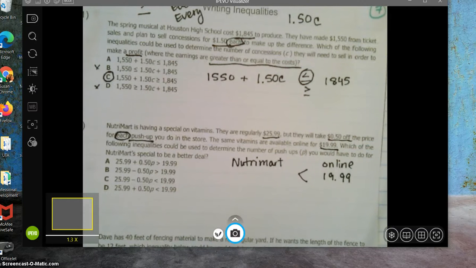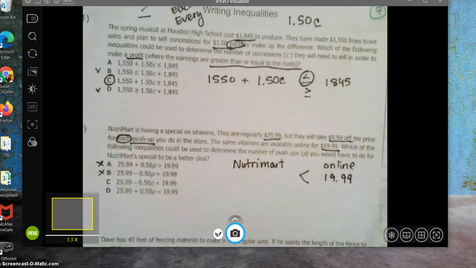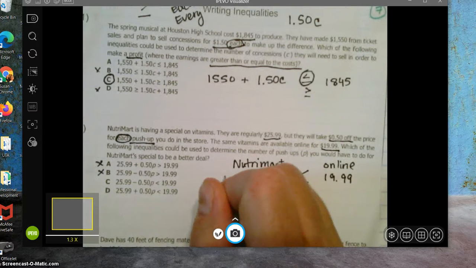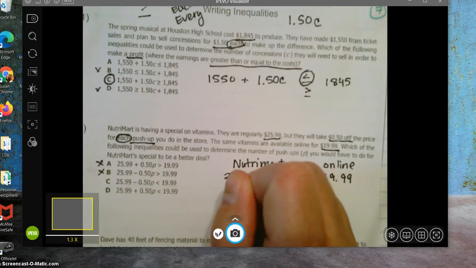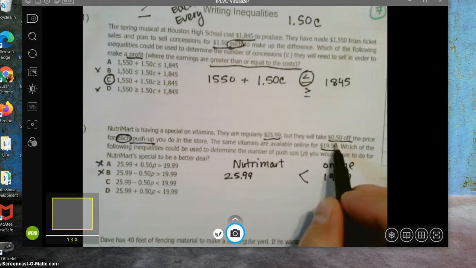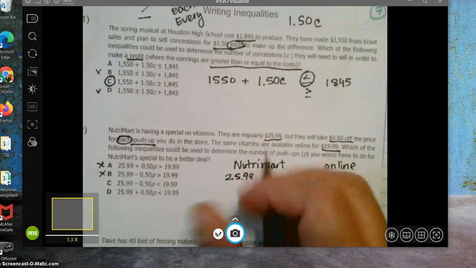So based on that alone, I can say this one's wrong and this one's wrong. Now hopefully you can figure out this part. Hopefully we can make sense of it. So at Nutrimart it was $25.99, and they take off how much? 50 cents per push-up.